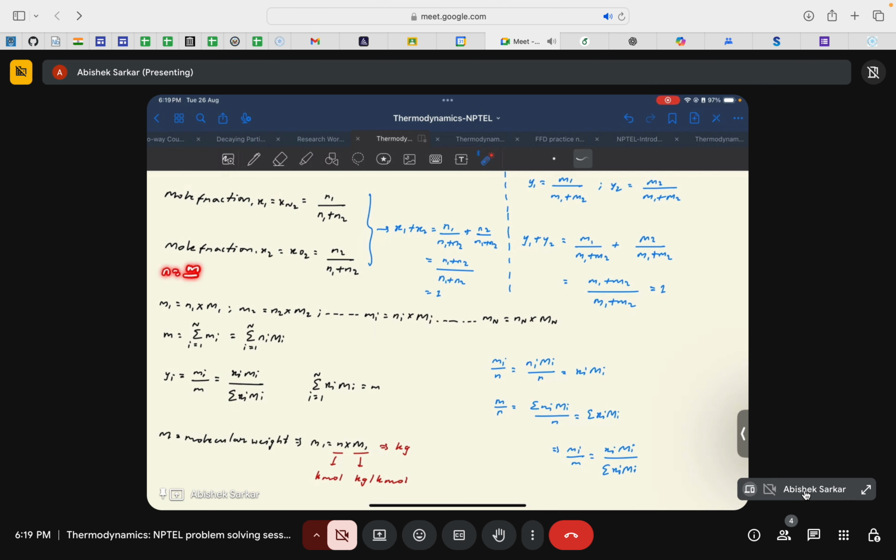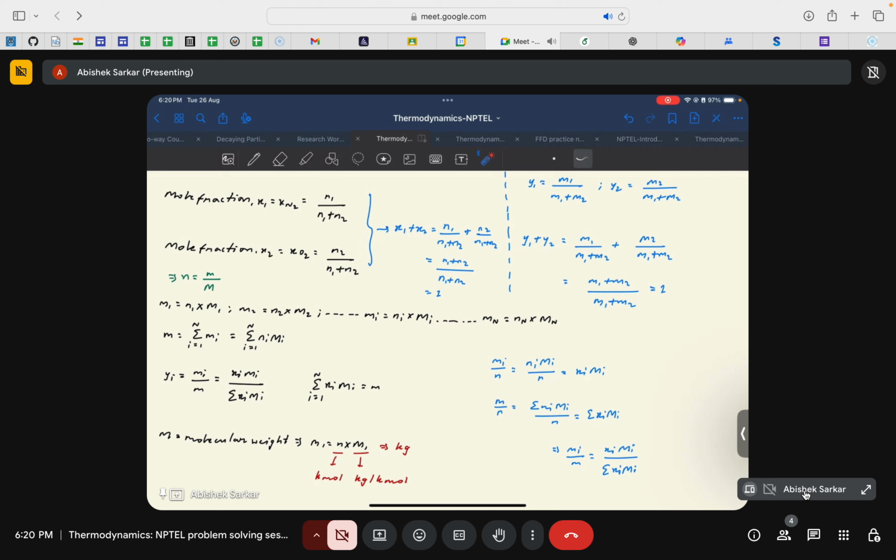That is, number of moles, small n, is equal to the mass divided by the molecular mass. Then if you multiply the molecular weight by the number of moles, you will get m is equal to n times capital M.